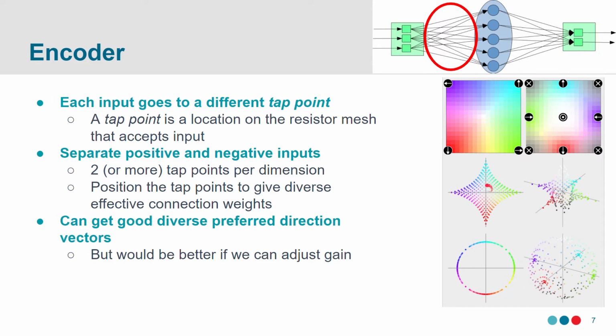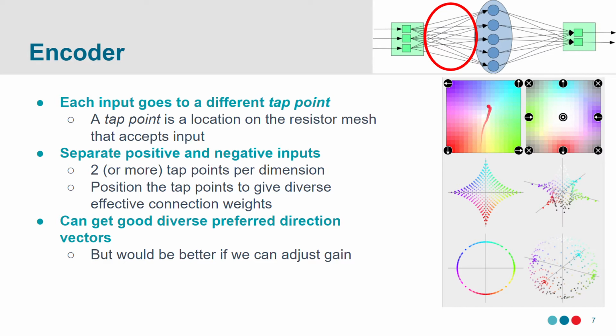I tend to generate connection weights that are randomly distributed all around the unit sphere. And we can transform this top one into this bottom one if each of these neurons has some sort of adjustable gain. So this neuron here, for example, is far away from a lot of these tap points. It's basically not getting any input. This is ending up being a kind of useless neuron. If I had some sort of adjustable gain on that neuron, then I could make it more useful, right?